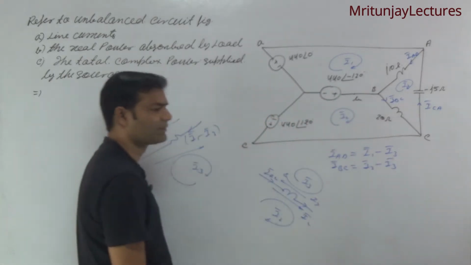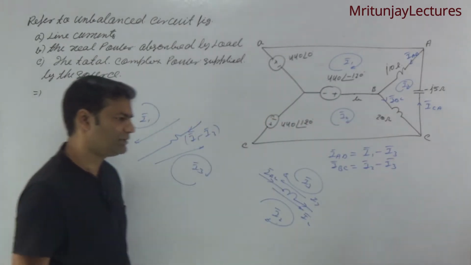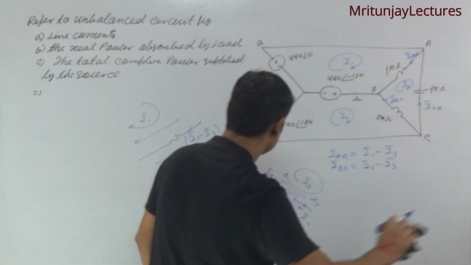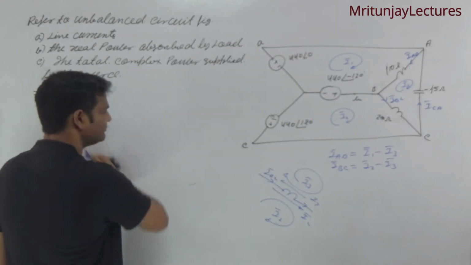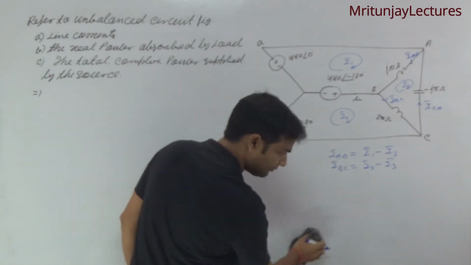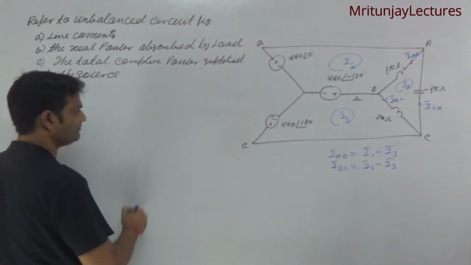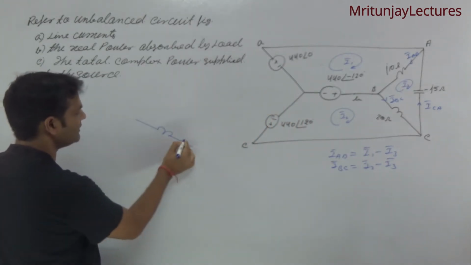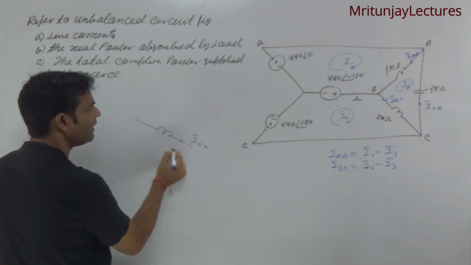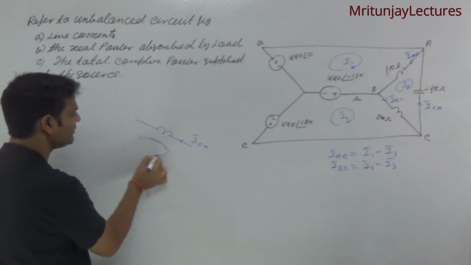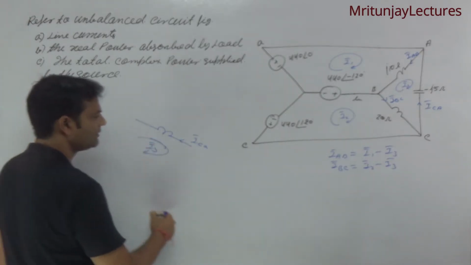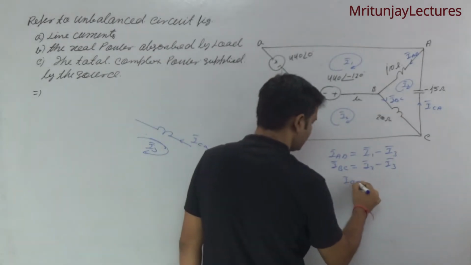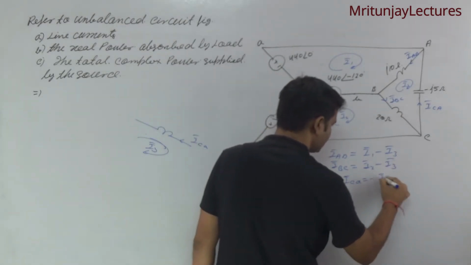Okay, clear? Now the last one, ICA. ICA is simply opposite to I3, so ICA is written as minus I3.